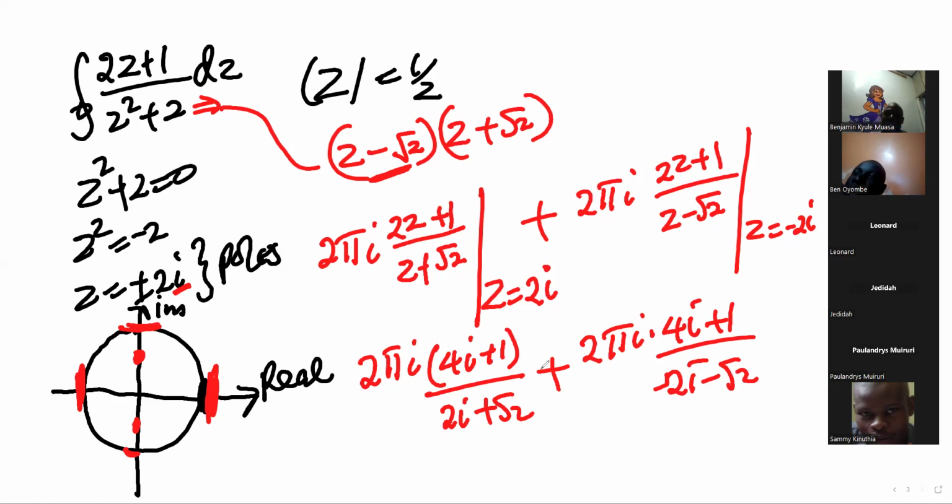If something is difficult to factorize, then you can just leave it like that.